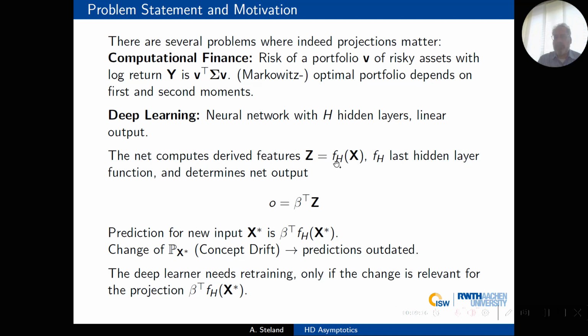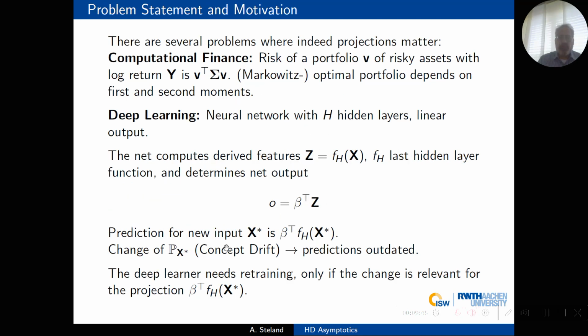So this is a nonlinear function of the input x. And from these derived features, which are implicitly learned from the training data, the net output is computed. And usually we take a linear output function at the output layer. So that means the output is a linear combination of the derived features Z.